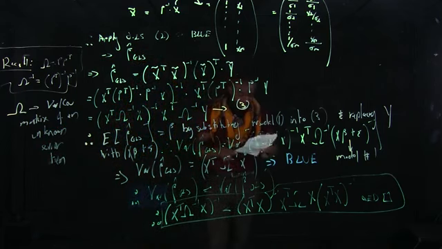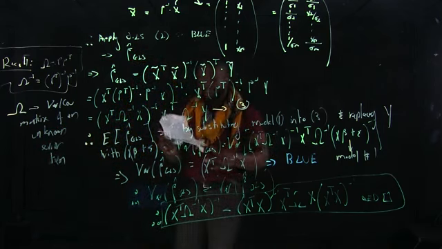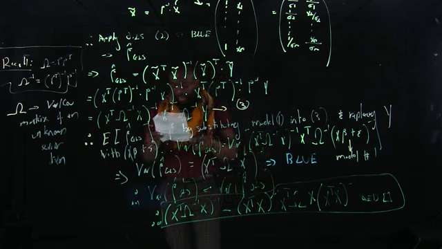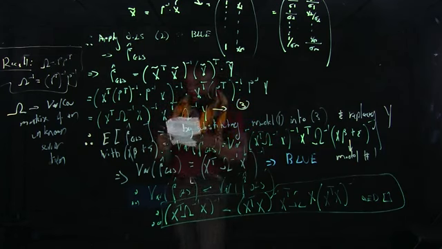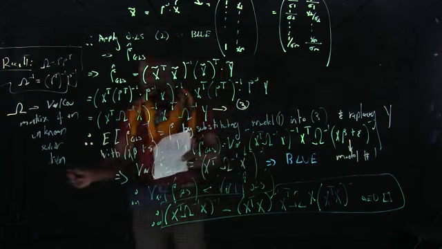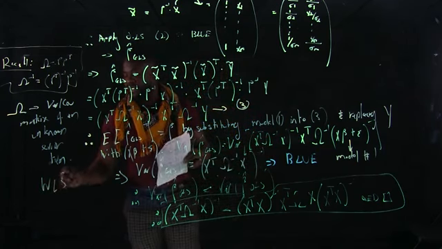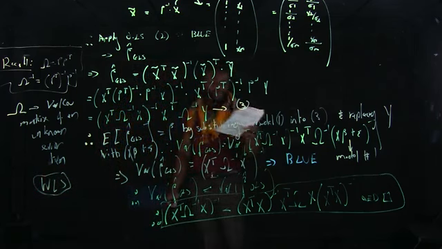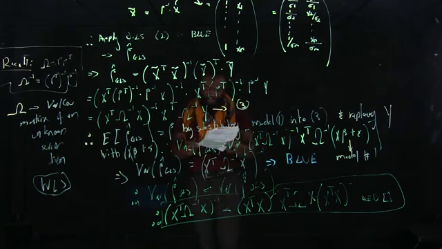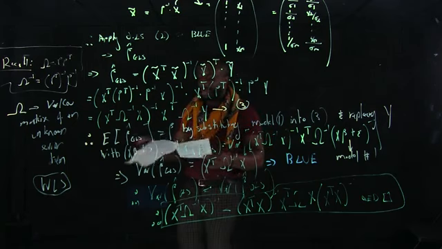So in practice, in order to implement a generalized least squares estimator, we need an estimate for omega and an estimate for P. To do that, we apply what's called weighted least squares, but that's beyond the scope of this lecture, which uses a proxy for the variance of the error term.